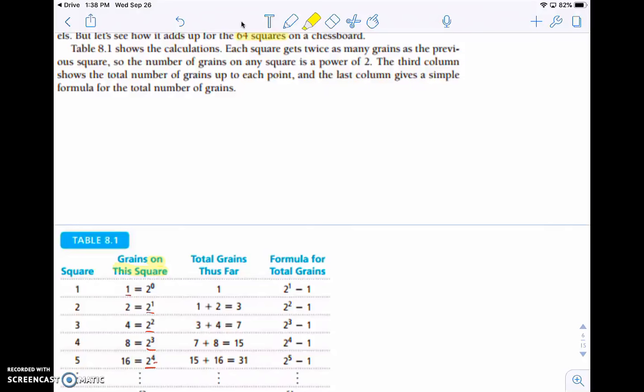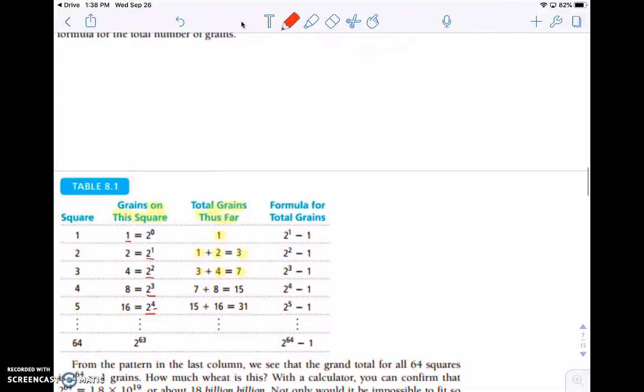And then the total grains of rice, the sums: you have 1, and then when you add the 2 squares, 1 plus 2 is 3, and then 1 plus 2 plus 4 is 7, and so forth. That can be modeled by this formula. The formula is basically 2 raised to the power of the square, and then you subtract 1 on the backside of that.